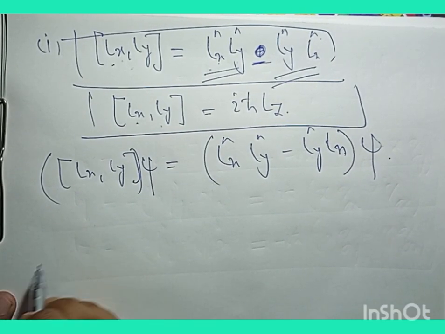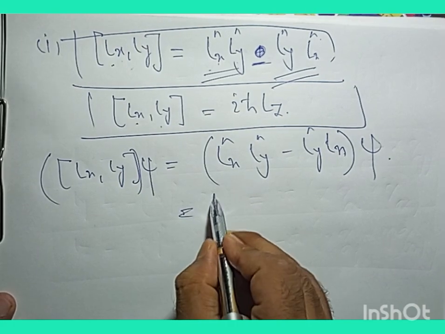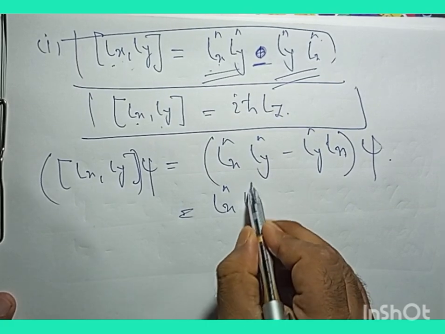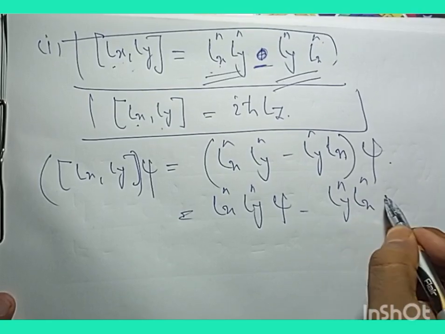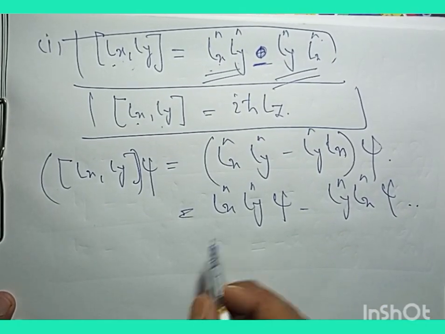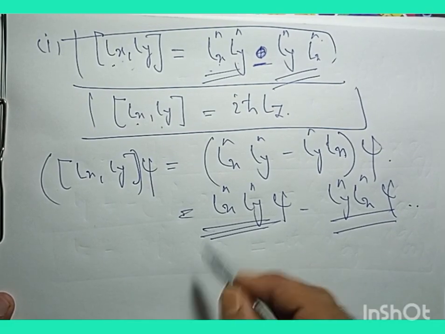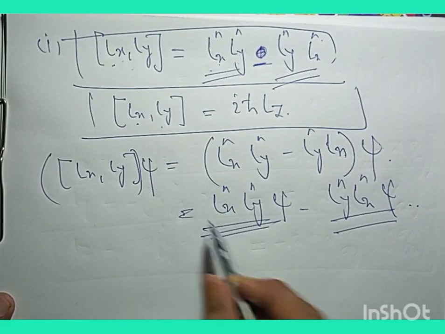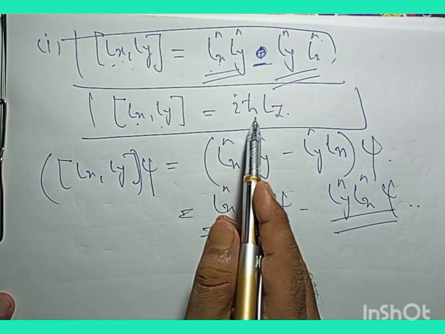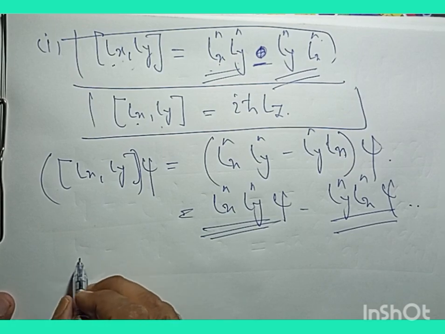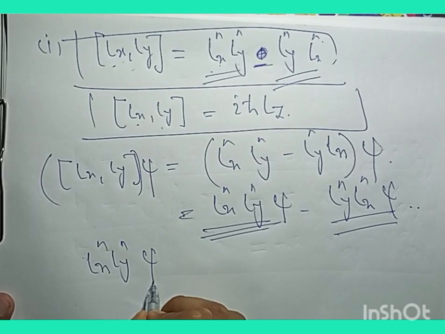So when we do that, we will have Lx Ly psi minus Ly Lx psi. We would like to evaluate this part and then evaluate that part and subtract the two, and that should give us the result that the commutation between Lx and Ly is simply iħ Lz.